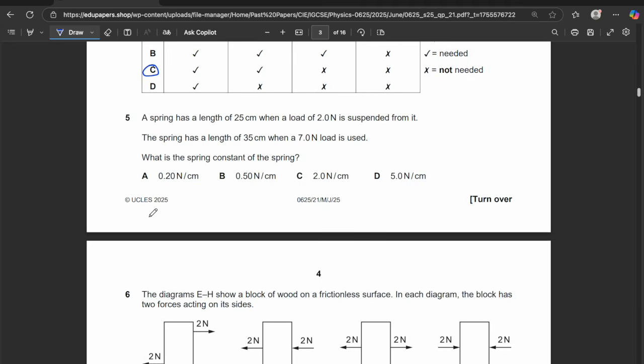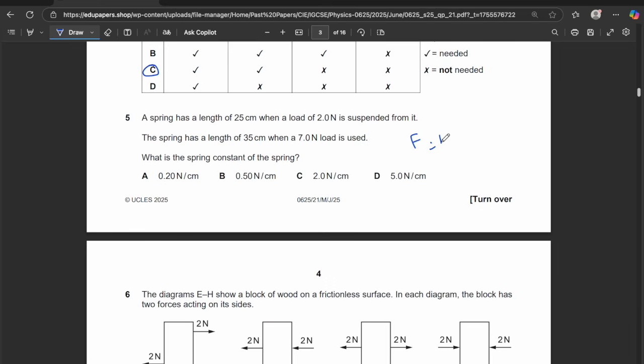5. A spring has a length of 25 centimeters when a load of 2.0 newtons is suspended from it. The spring has a length of 35 centimeters when a 7.0 newton load is used. What is the constant of the spring? So we have this equation, right?